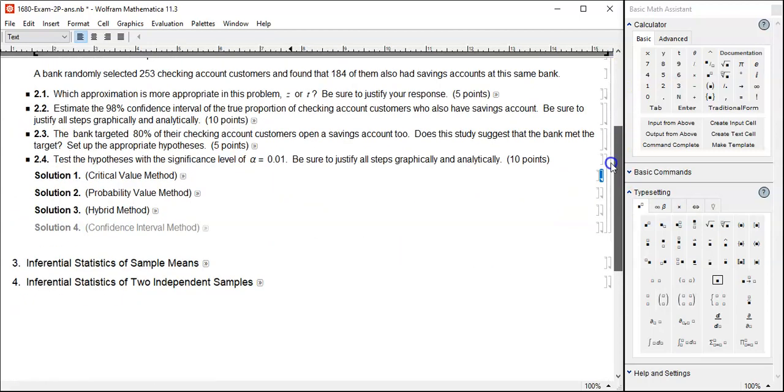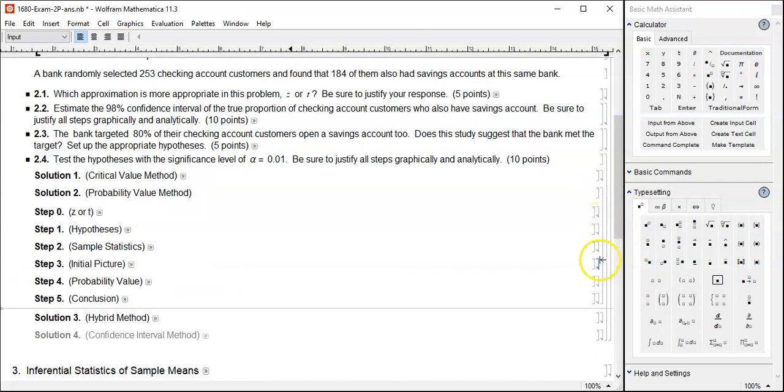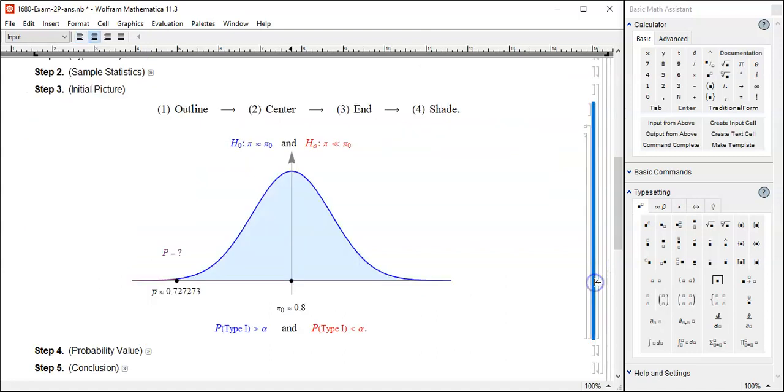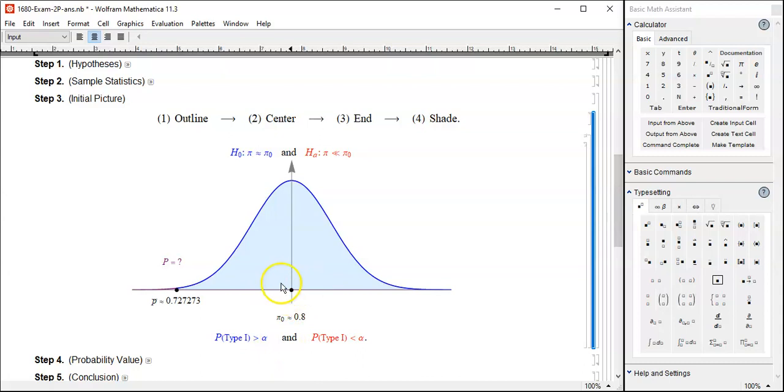Okay, we have enough time left, so let's talk a little bit about probability value approach. Similar idea, but initial picture goes like this. We are not looking for the critical value or anything like that. Null is here and observed proportion just goes there, and then find out the probability, p-value, all the way outside. It's so far away.